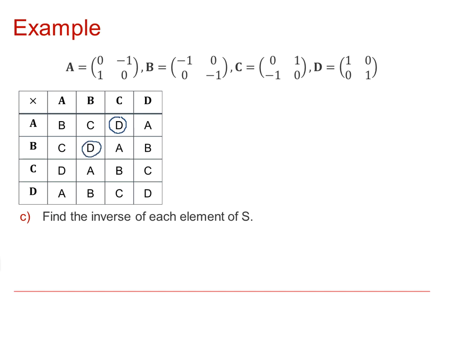So we can locate the identity here on our Cayley table, so that we can see that A inverse is equal to C, and C inverse is equal to A. B is what we call self-inverse, so B inverse equals B, and of course the identity element is always its own inverse.